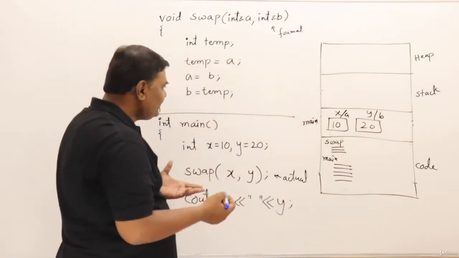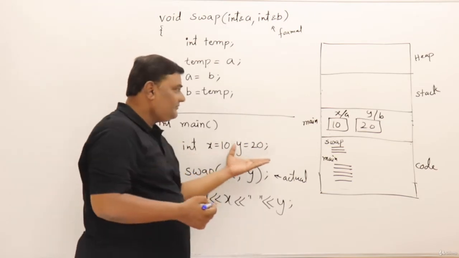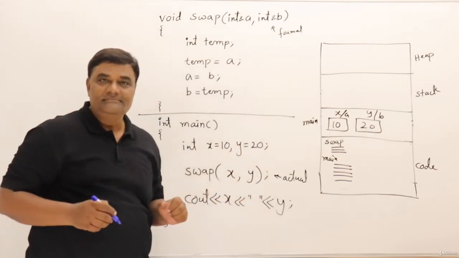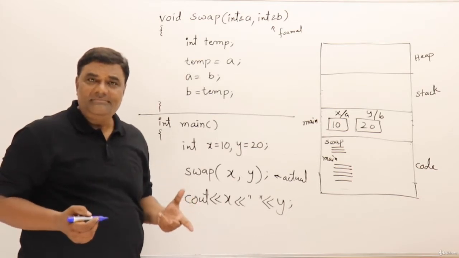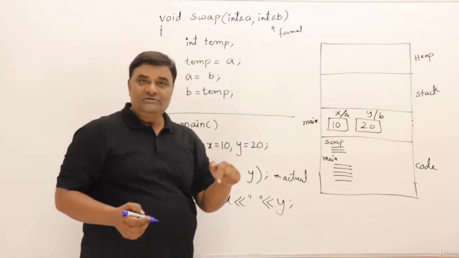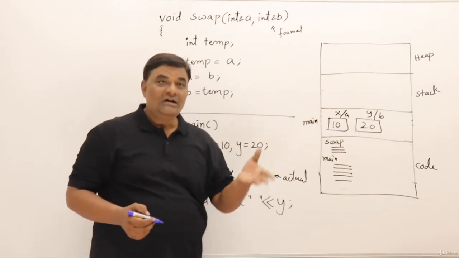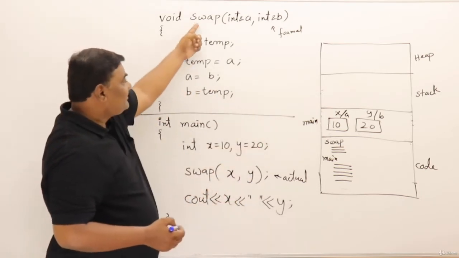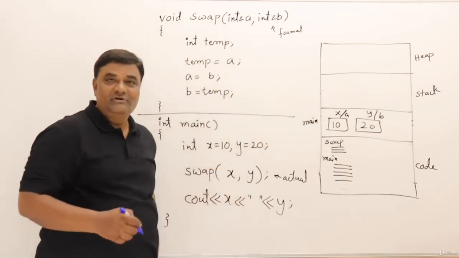So how is it possible that that function can directly access the variables of this function? It's not possible. Then how does it happen? We already know that one function cannot access the variables of another function at all. But here we are saying that the swap function will call this as a and this as b. How is it possible?